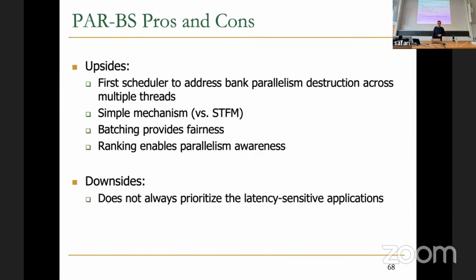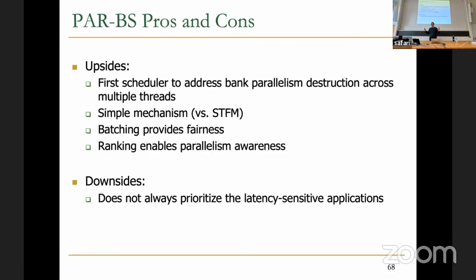Now, there are multiple downsides. Ranking is still complex, for some definition of complex. It also has some undesirable behaviors that we will get into. And it doesn't always prioritize the latency sensitive application. If you think about batching, I'm not going to say that it's very bad, but it's undesirable because if a less intensive core generates a memory request and it happens to come after the batch is formed, it has to wait until the batch is done, at least until all of the marked requests to the bank are gone.